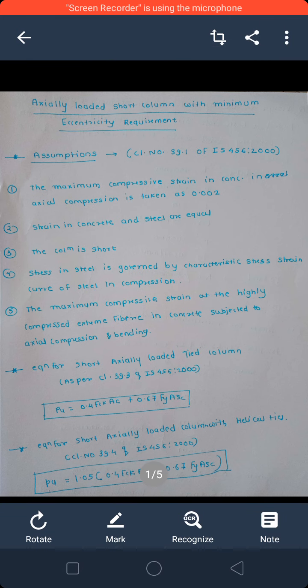And last assumption is the maximum compressive strain at highly compressed extreme fiber in concrete subjected to axial compression and bending, and where there is no tension on the section, shall be 0.0035 minus 0.75 times strain at the least compressed fiber.